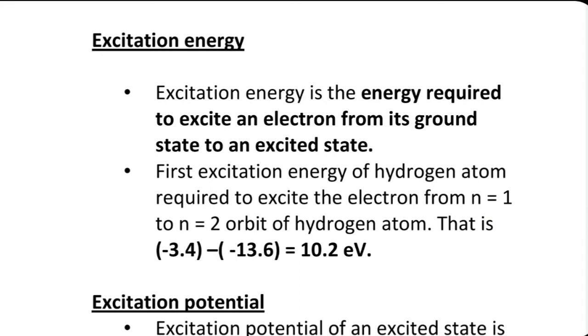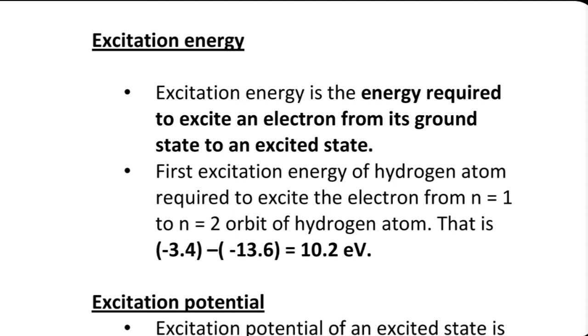Now we will discuss some terms related to the energy level diagram. The first one is excitation energy. Excitation energy is the energy required to excite an electron from its ground state to an excited state.